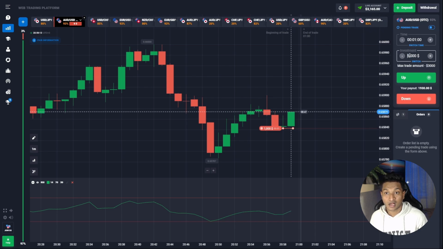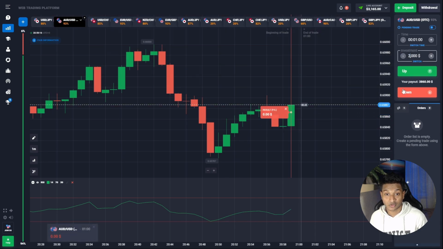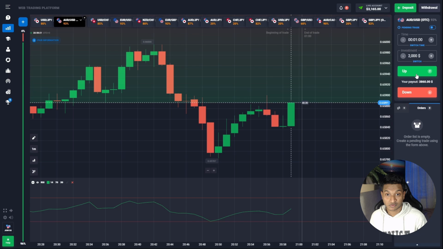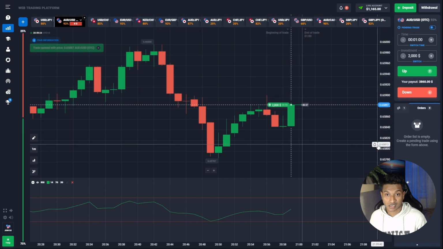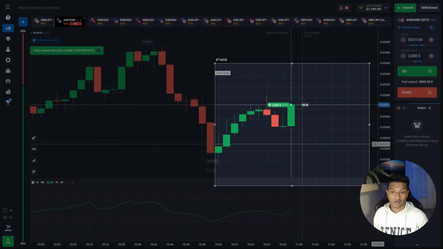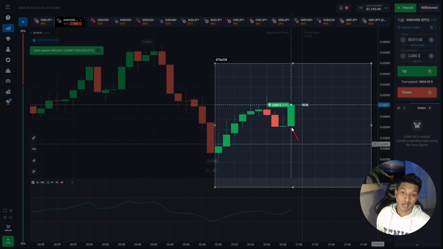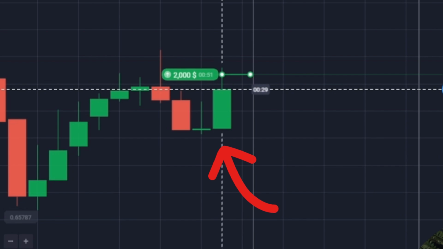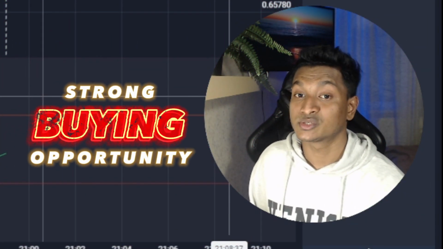Let's go with 2000, and let's wait and see, guys. Let's push up. Yeah, for sure. Look at the bottom of this green candle, there is no shadow. It means the buying opportunity is very strong.